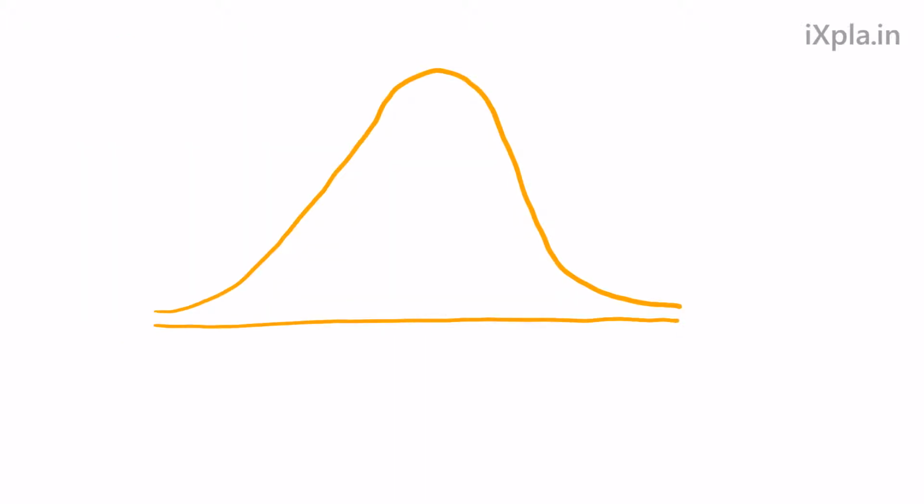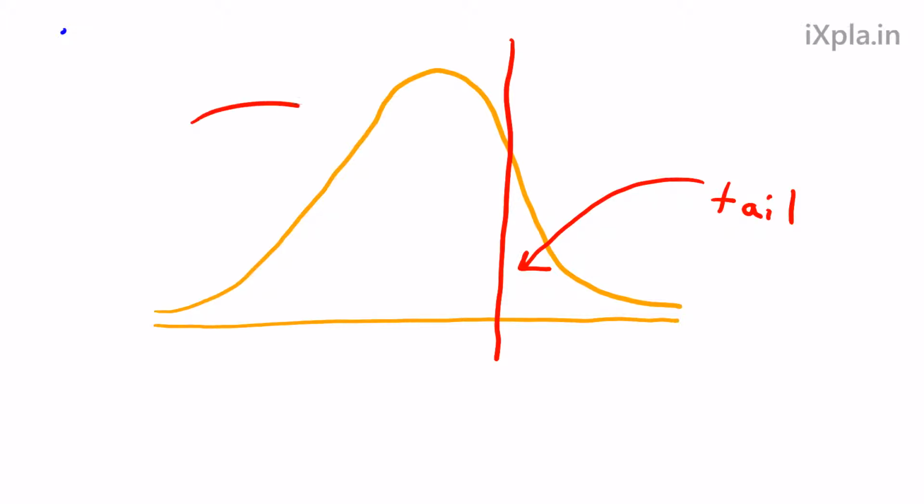Now here I've tried to draw another normal curve. And what I've done here is I've drawn a line down, and this line is cutting this curve into two pieces. This smaller piece on the right here, we are going to call the tail. And the larger piece on the left, we're going to call a body.